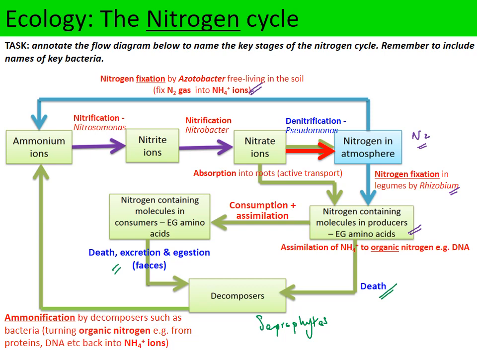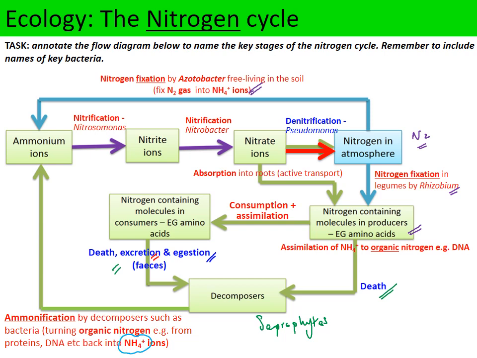We know animals ingest material, including a bit of cellulose and fiber, things they can't break down and digest themselves. They also excrete certain molecules like urea, which can also be decomposed. Now, we know decomposition can also be called ammonification because the organic nitrogen is released into the soil as ammonium ions.